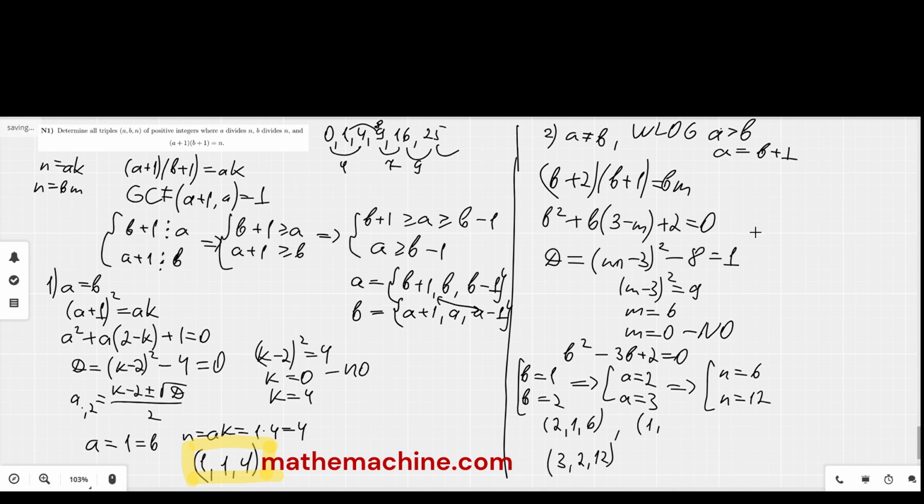We can rearrange as 1, 2, 6 and 2, 3, 12. And this is the complete list of all the triplets. This one, 1, 1, 4, when a equals b, and these 4 when a is, without loss of generality, greater than b. So 5 triplets. And this is it.